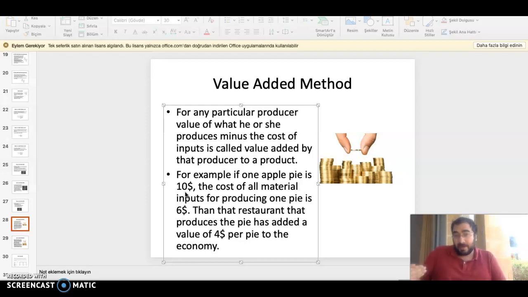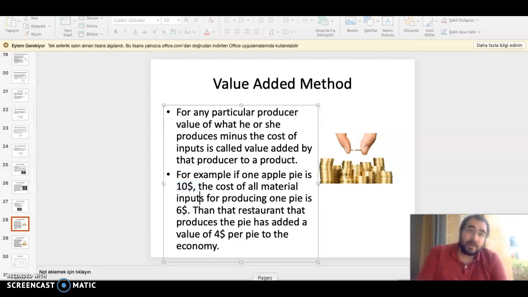If you think apple is the only input which has a significant value, and if the apple is $4 and the apple pie is $10, in that case the value added by that corporation, which might be a restaurant probably, but it can be a factory, by producing that apple pie is $6. So for that country, you get that $6 into the GDP. And for each corporation, you need to calculate that value added, basically.